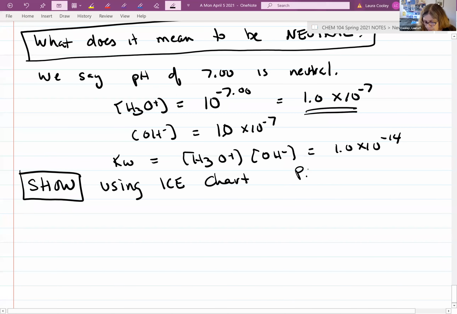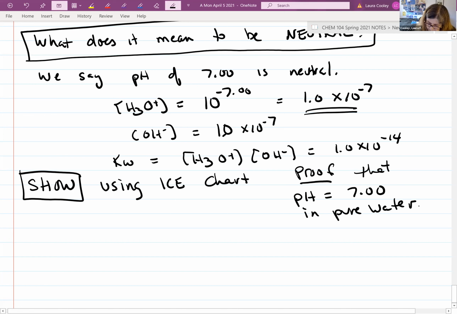So this is really the proof that the pH is 7 in pure water. Yes, this is a proof that the pH of pure water at 25 degrees C is 7.